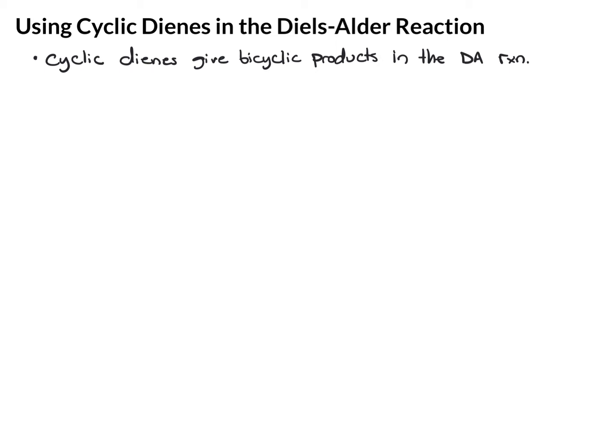Let's look at an example where we use cyclopentadiene, and this is our cyclic diene. We're going to react this with a dienophile, and let's take a look at what happens.